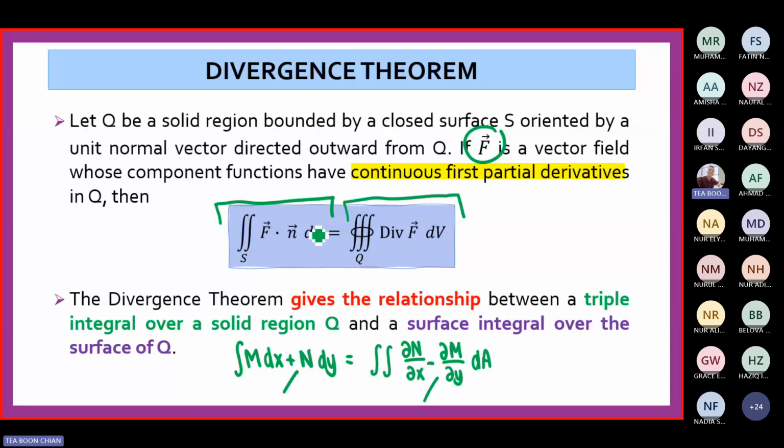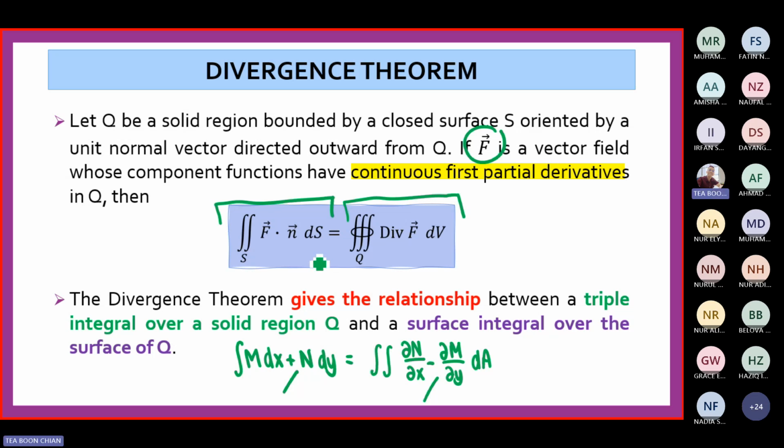This is also why in the divergence theorem, we will not ask you to verify. Again, we will not ask you to verify. If worst comes to worst and the question asks you to verify, then the answer must be the same.